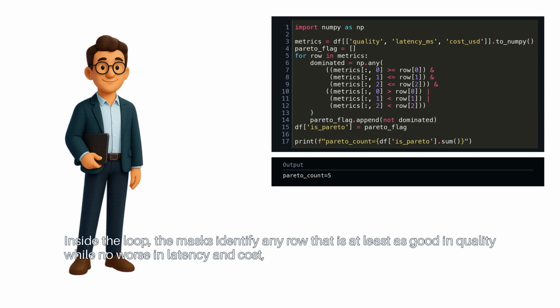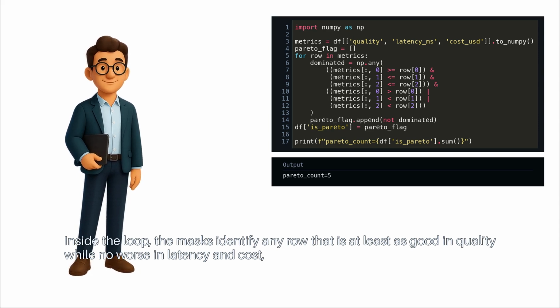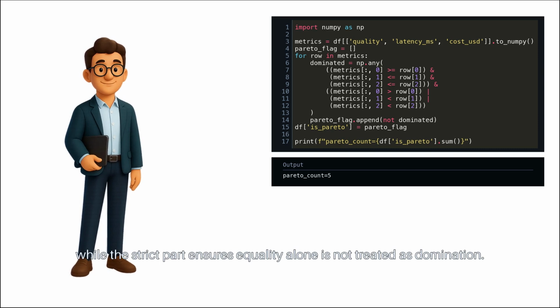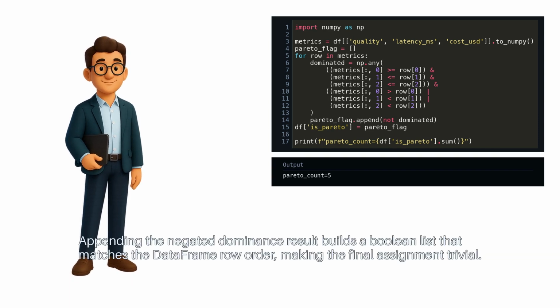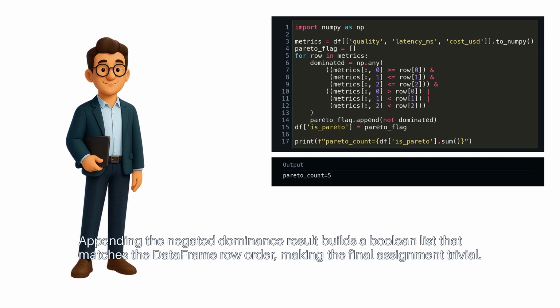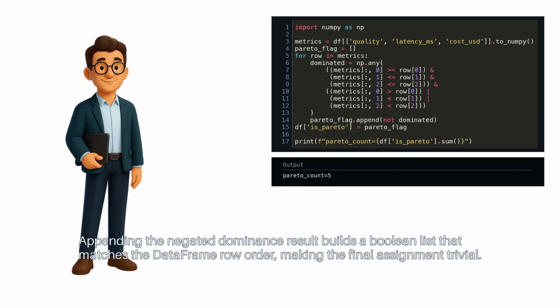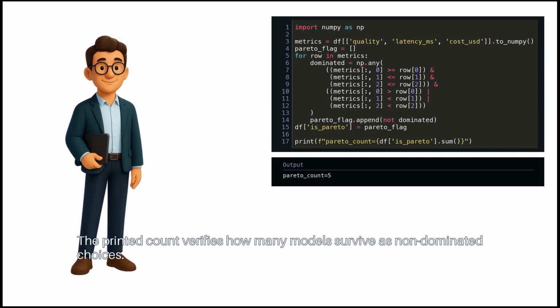Inside the loop, the masks identify any row that is at least as good in quality while no worse in latency and cost, while the strict part ensures equality alone is not treated as domination. Appending the negated dominance result builds a Boolean list that matches the data frame row order, making the final assignment trivial. The printed count verifies how many models survive as non-dominated choices.